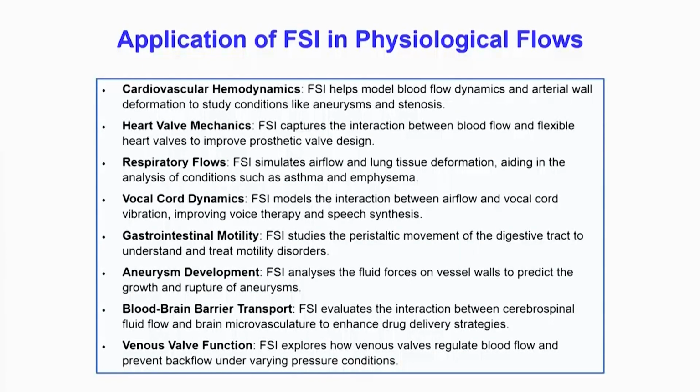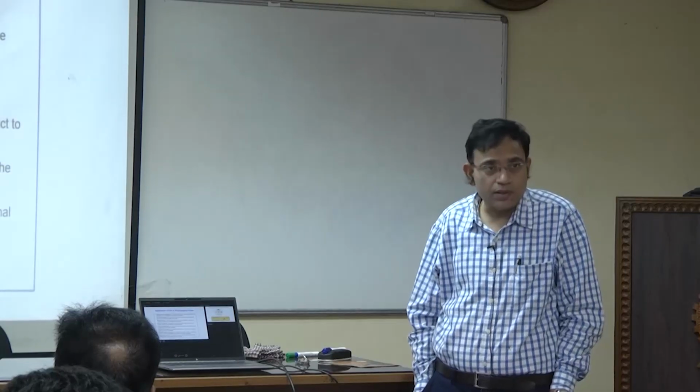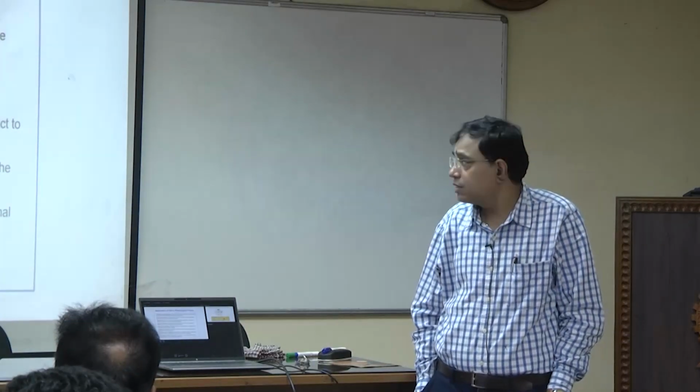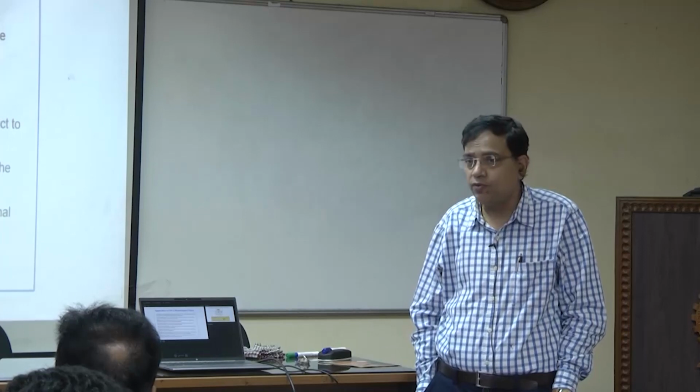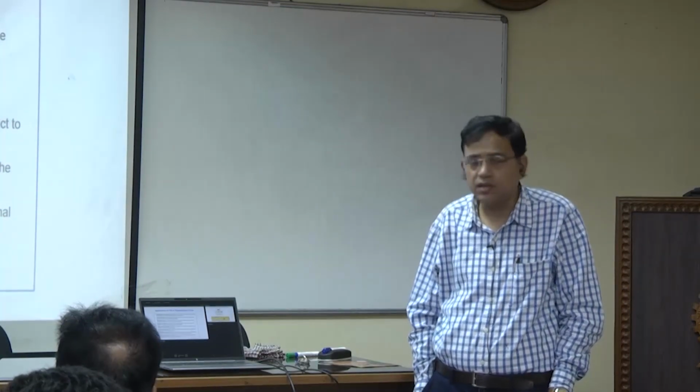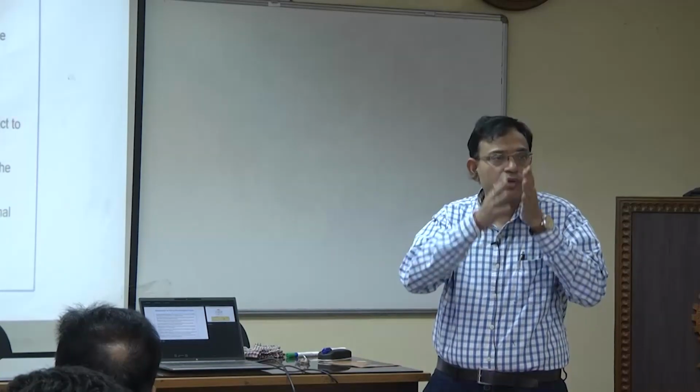The blood brain barrier is very, very important. So, the interaction between cerebrospinal fluid flow and brain microvasculature. You have a nervous system where you have cerebrospinal fluid, and we have not talked about cerebrospinal fluid and its flow as part of the illustration examples, but that is also a very important part.